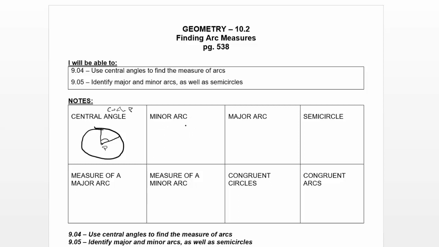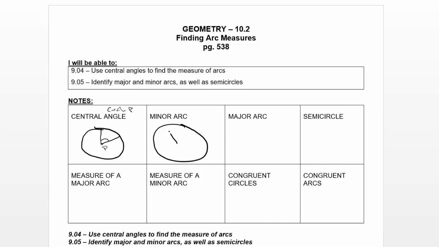We say that an arc is a part of a circle that's what's called intercepted by a central angle. So in a picture, I'll try to draw a similar one.